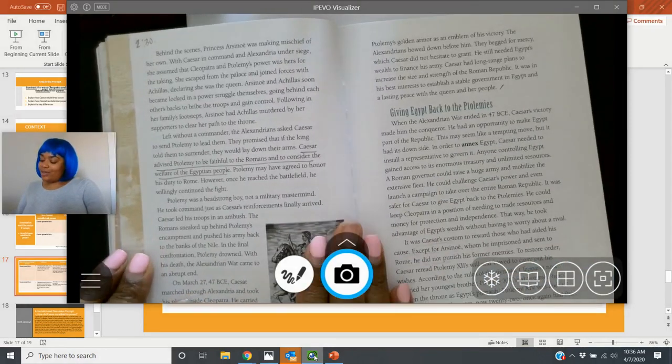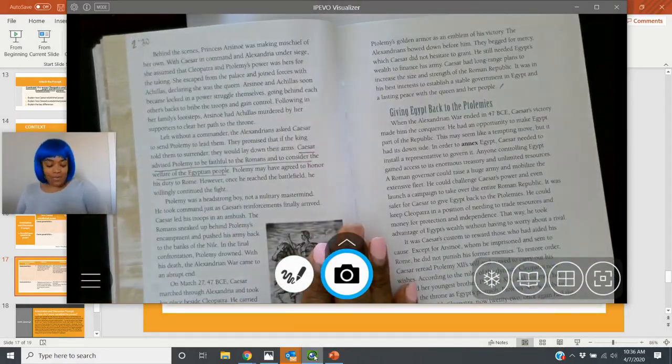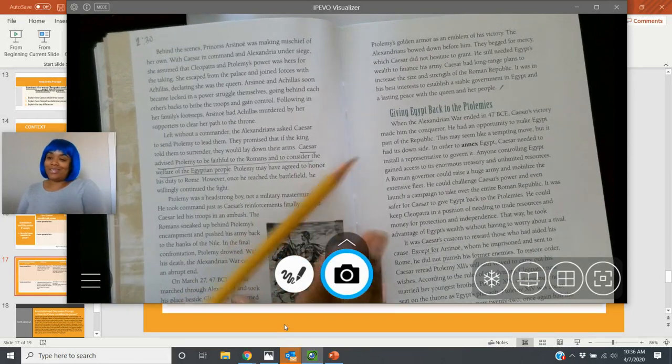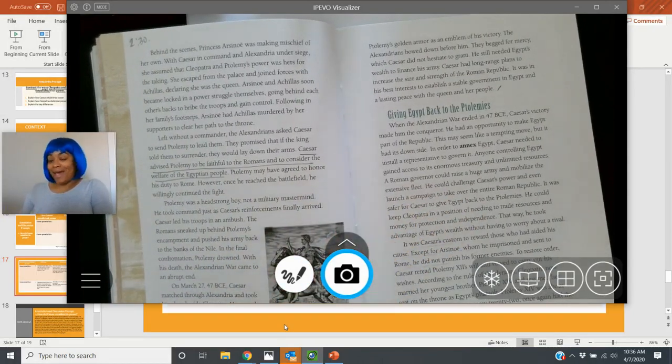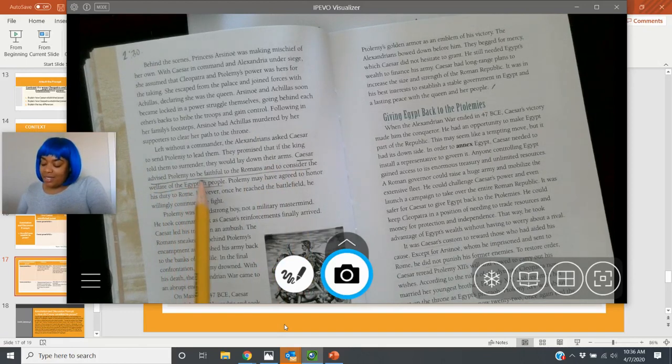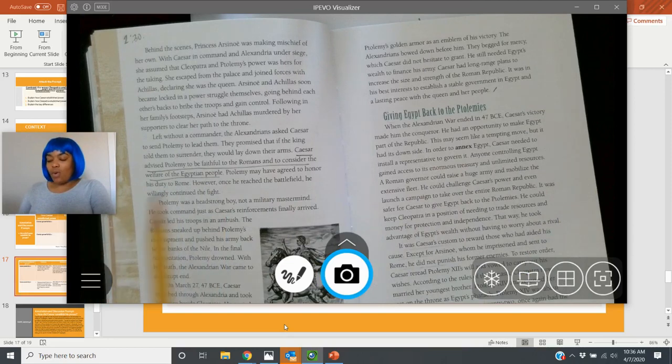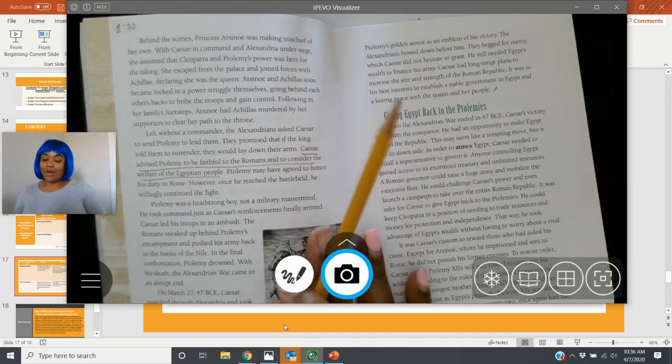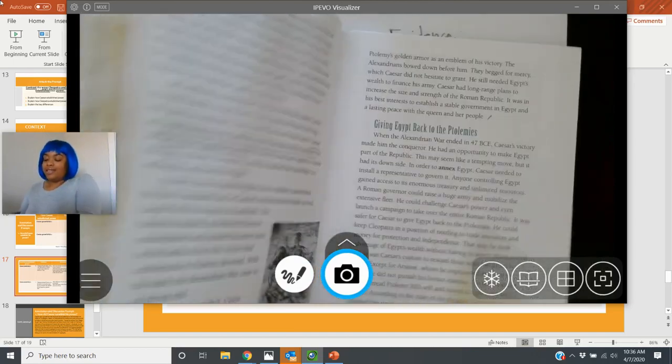And if you were a little sneak like my buddy Edwin, you would have already noticed that I identified my piece of evidence as Caesar advised Ptolemy to be faithful to the Romans and to consider the welfare of the Egyptian people. So this is one piece of evidence that I am going to use to show the different ways that Caesar established his power. Yes, you guessed it. That is right.